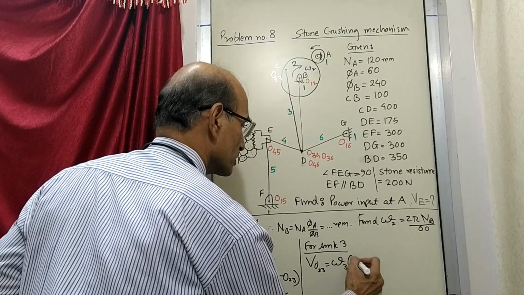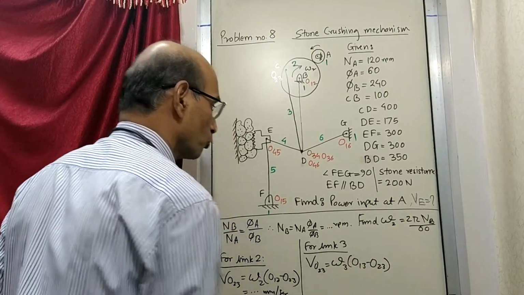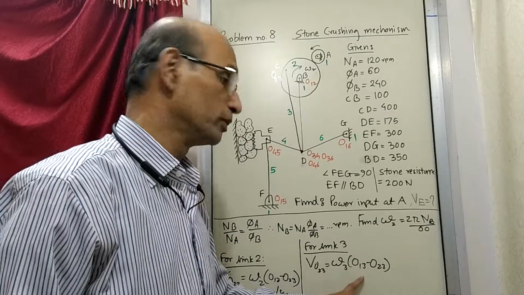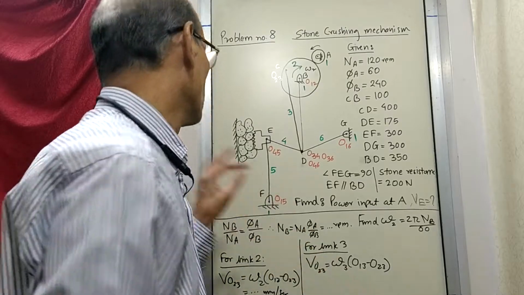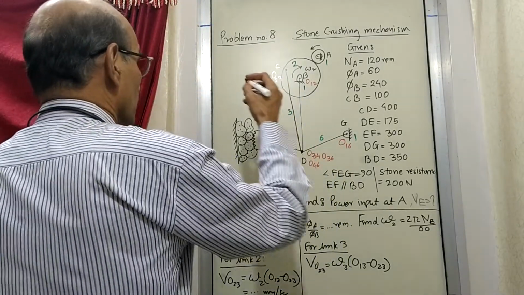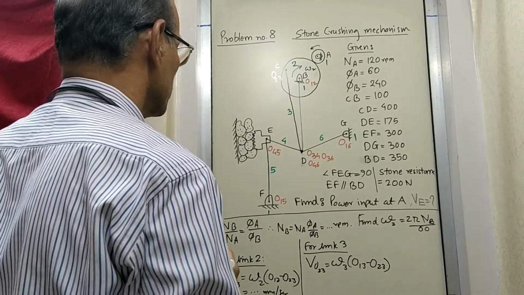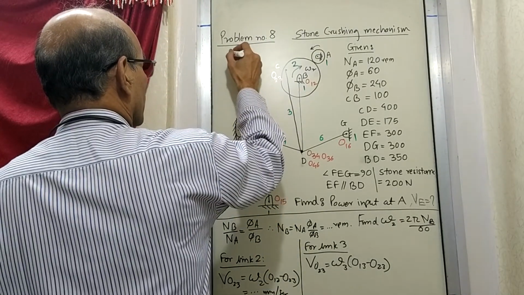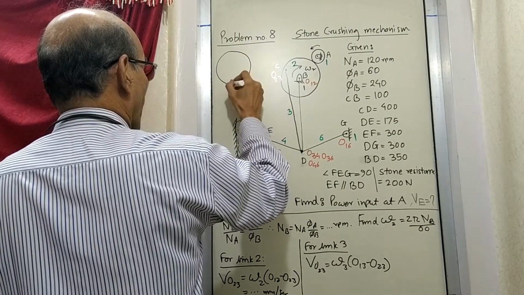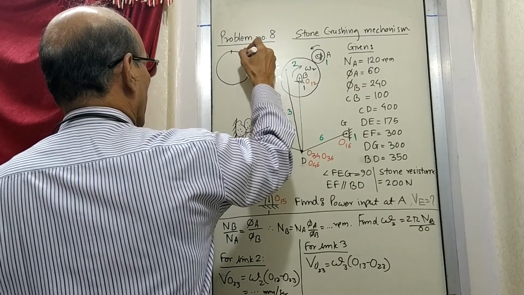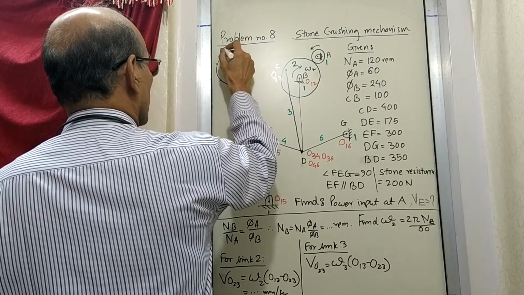So we say it is like this, and for this we need to know the point O13 where it is. So we'll now maybe draw here. I'll draw the Kennedy circle here. One, two, three, 4, 5, 6.